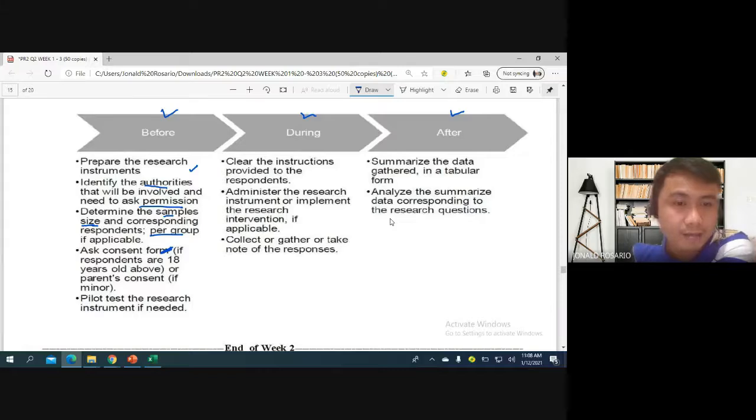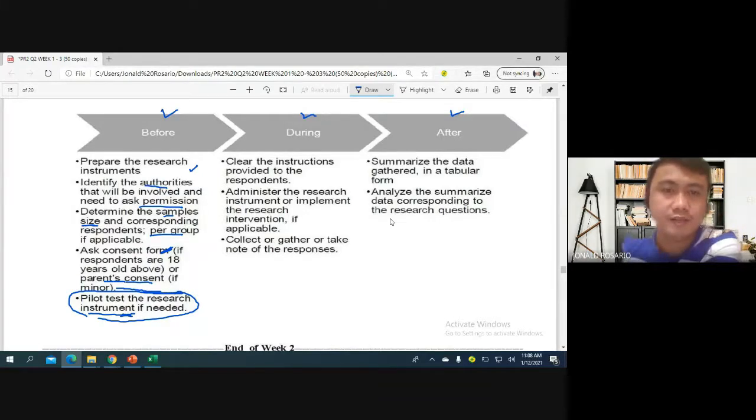Pagka minor naman, parents' consent, so parent ang pipirma. Pilot test the research instrument if needed. Since i-adapt lang natin yung ating research instrument, hindi na kailangan ng pilot test. Pero kung i-modify natin, siguro this time hindi na rin kailangan kasi kulang tayo ng oras.